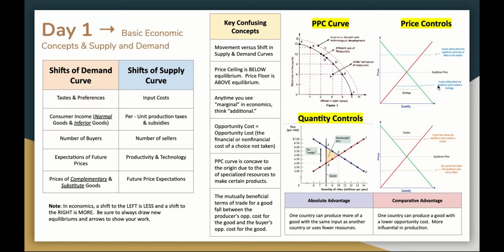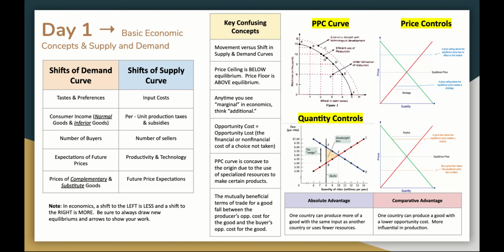That's when it's an effective binding price ceiling. Vice versa, price floors, they're only binding and effective when they are above the equilibrium price. So again, it's the opposite kind of intuitive of what you would think. That's a confusing topic. That's why I put it in this slide.